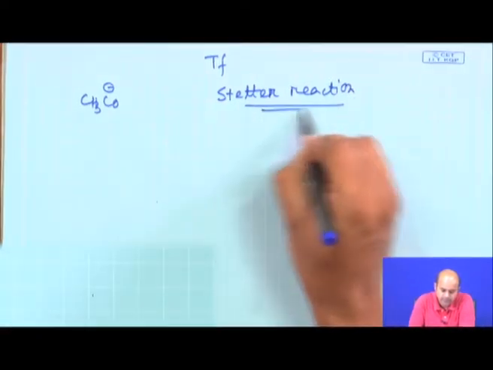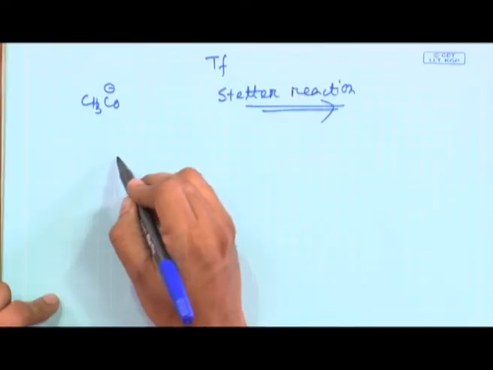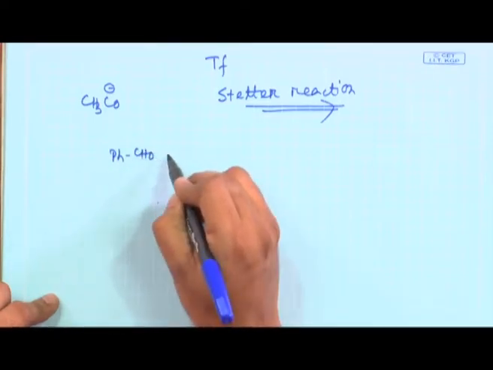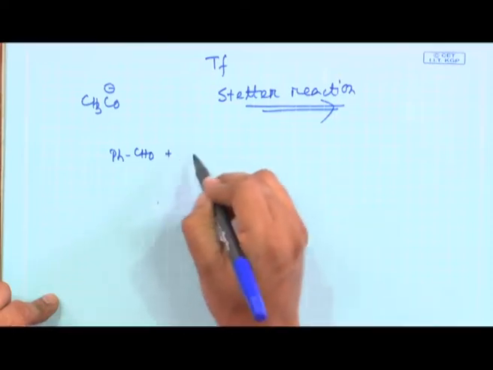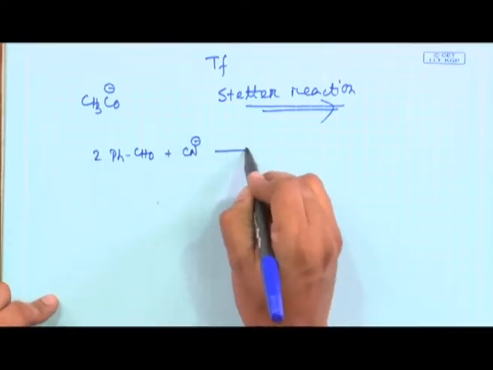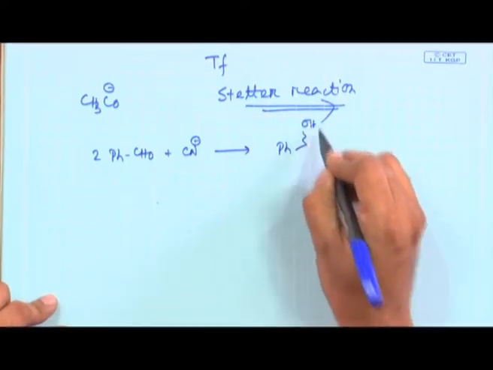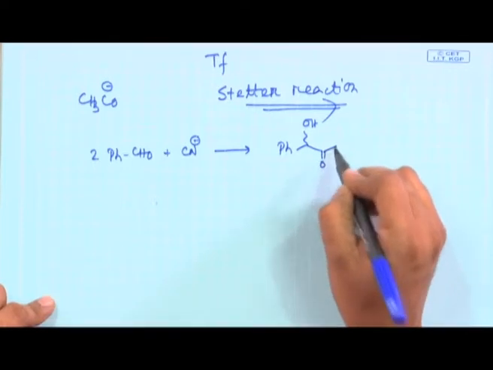Now, Stetter reaction is a very useful reaction. Now, what exactly was done in the Stetter reaction? Before going to Stetter reaction, I will try to explore something else. All of you know the benzoin condensation reaction, in which two molecules of benzaldehyde react in the presence of cyanide to give a compound named benzoin.